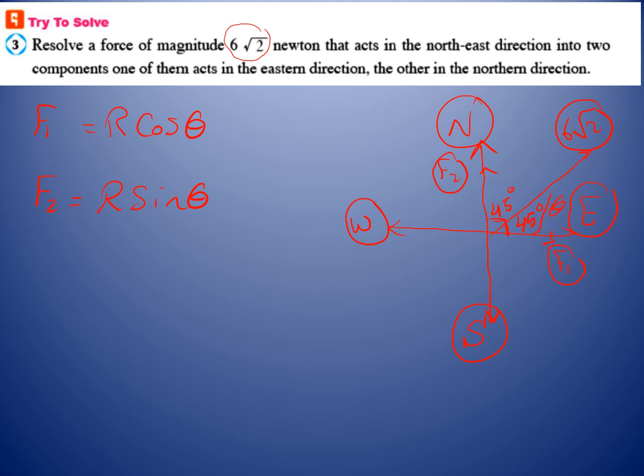This theta is 45, so F1 equals 6√2 cosine 45, which equals 6, and F2 equals R sine theta, 6√2 sine 45, which equals 6 Newton. Thank you very much. See you later.